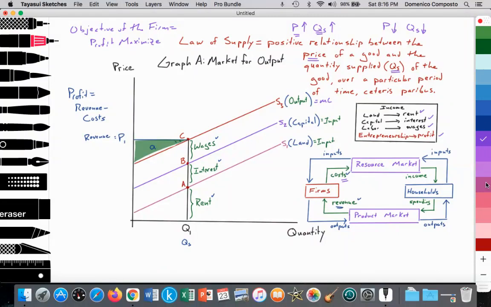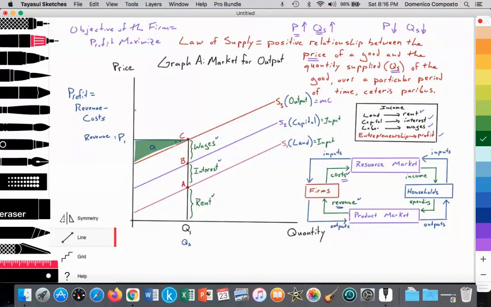So let's take a look and see what happens when price rises. So let's say that price rises to P2. At P2, the firm should be incentivized to increase their quantity supplied.